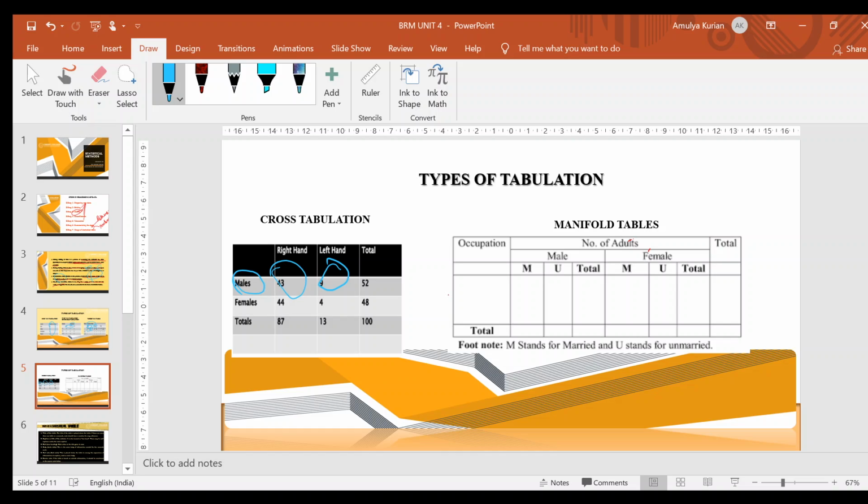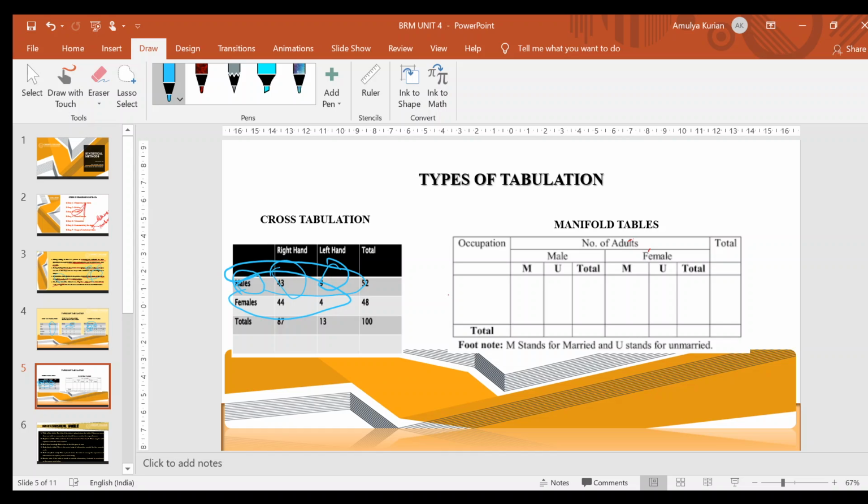If you see, the number of right-handers and left-handers will vary according to the gender. Okay, we see that more males are left-handers than females. Okay, so in order to know the relation between gender and the use of hand, you can use cross tabulation.